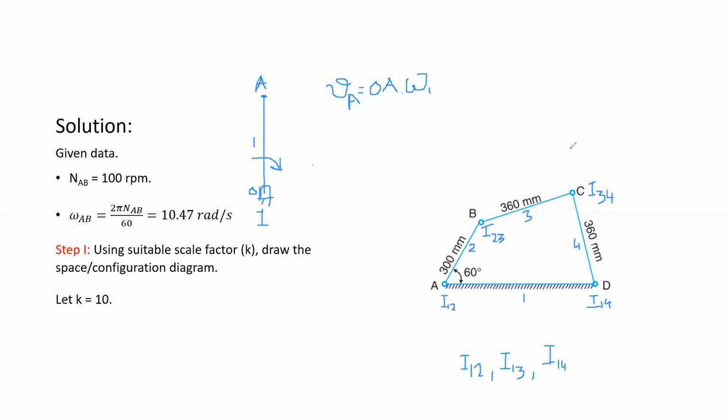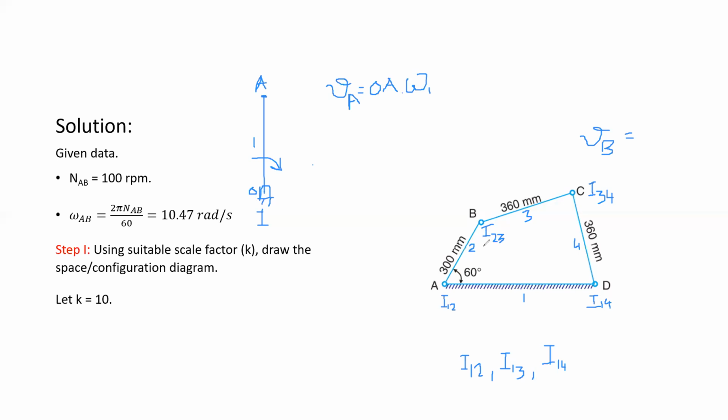Okay. So if I want to calculate the velocity of point B, first of all I have to decide which link point B is on. So I will consider that point B is on link 2. I am doing the calculation considering this.